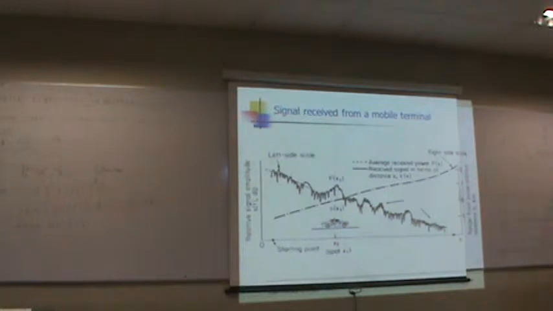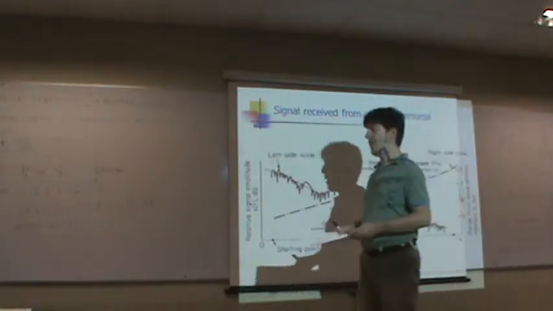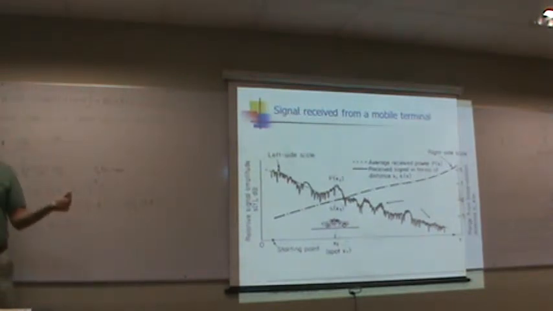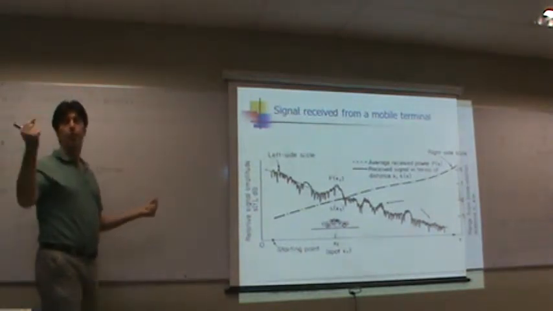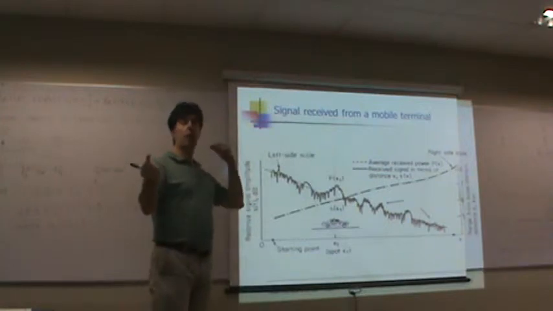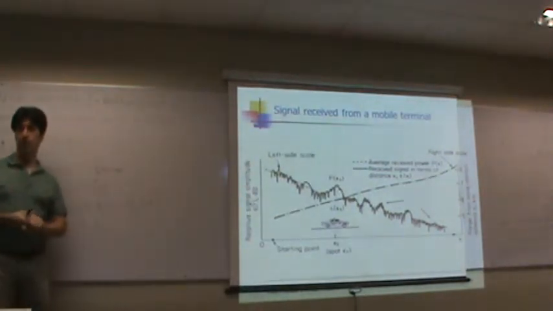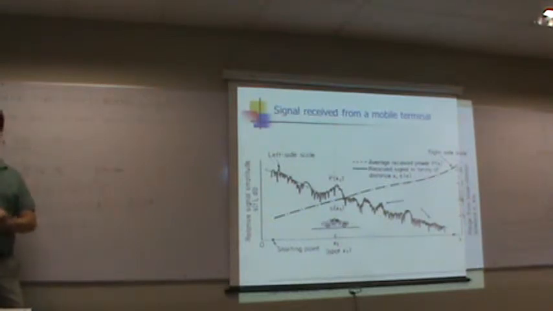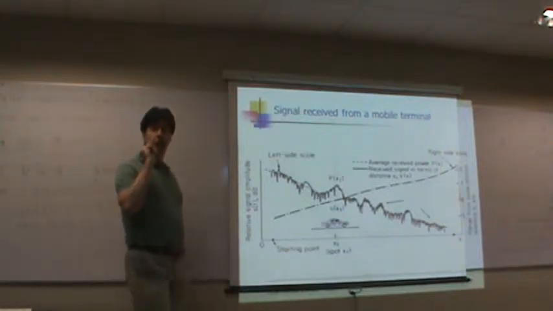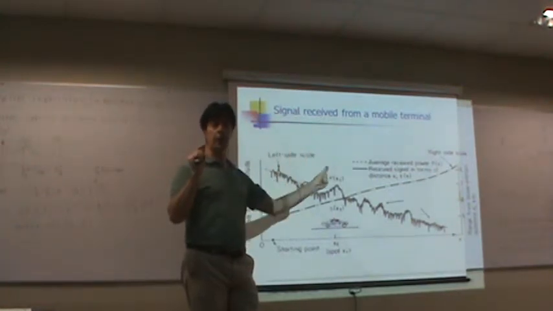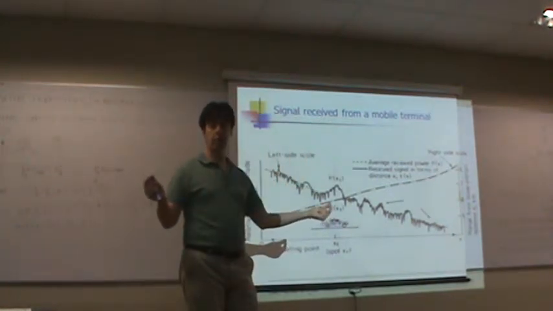That is, if the 2 points are separated in space by a distance that is greater than the coherence distance, and you know what is happening in one point, you don't know what is happening in the other point. Okay? They are completely uncorrelated.